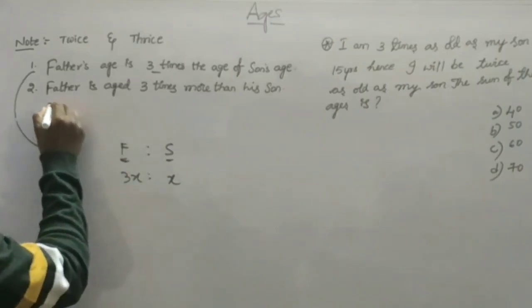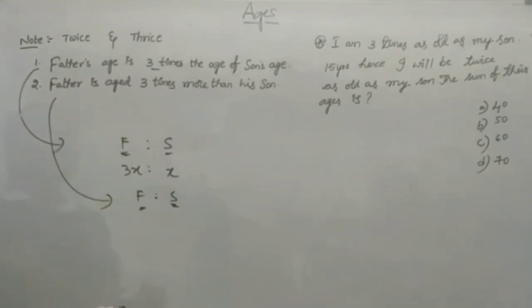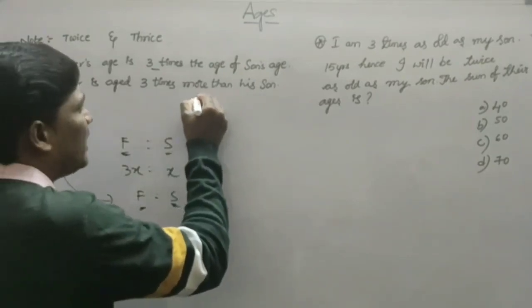Let's check the second point. Father is aged 3 times more than his son. More than means adding.